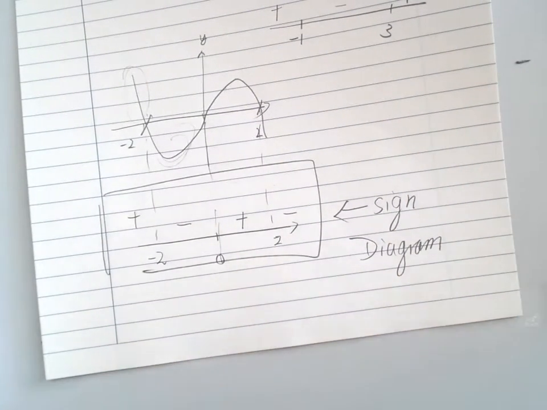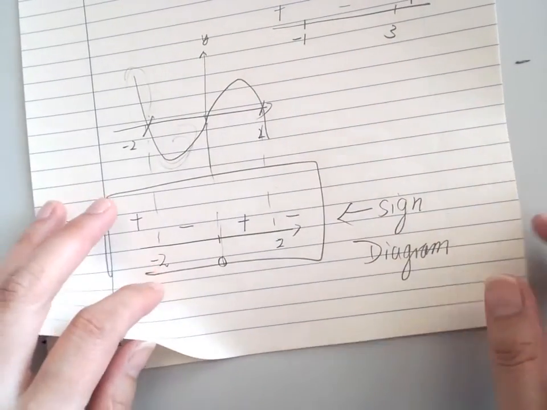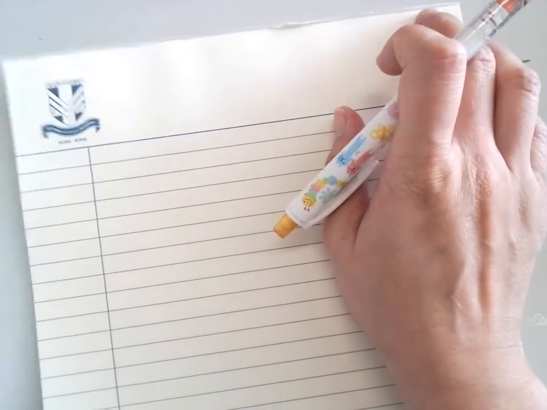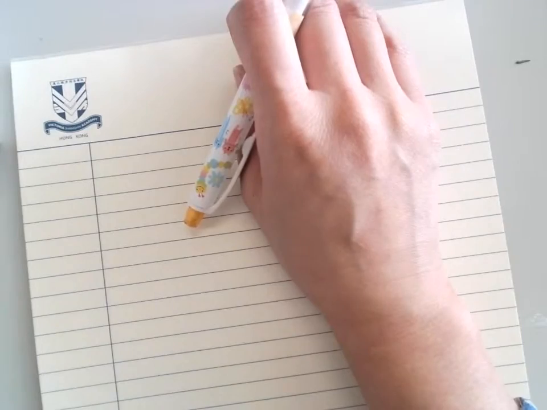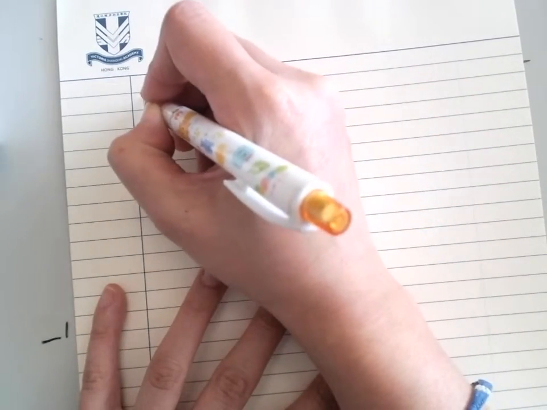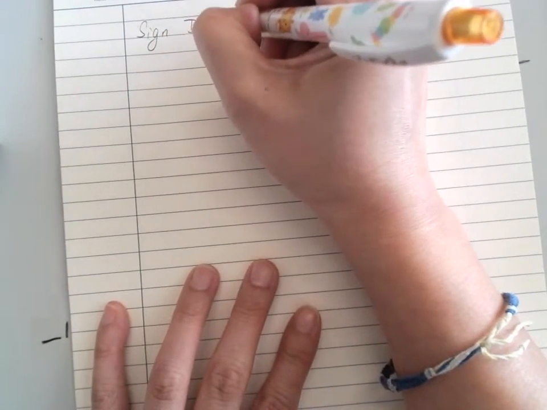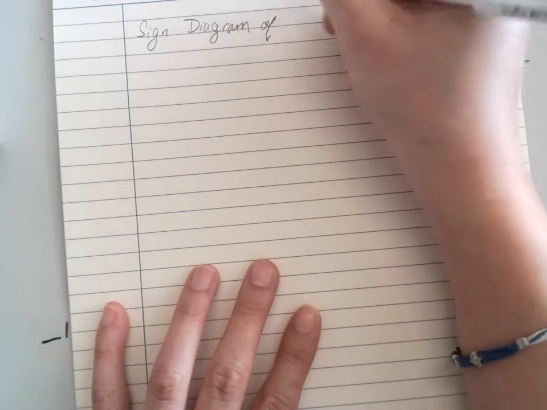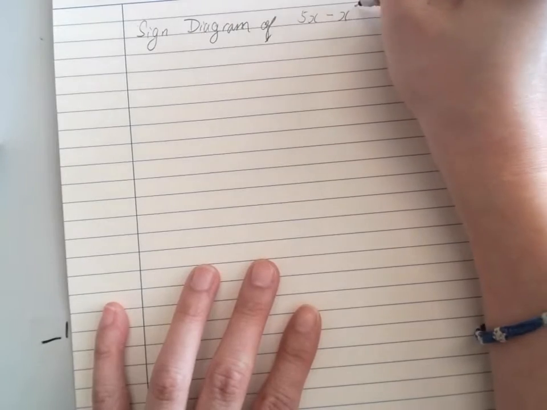You may say, what if I got an equation, what should I do? Then we will have to think about how it's done. If I got an equation like this, I want you to find out the sign diagram of, say, 5x minus x squared.